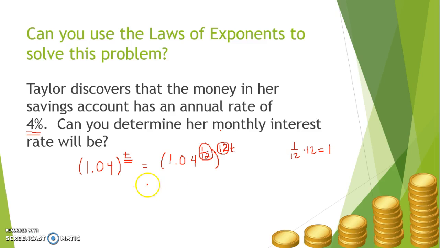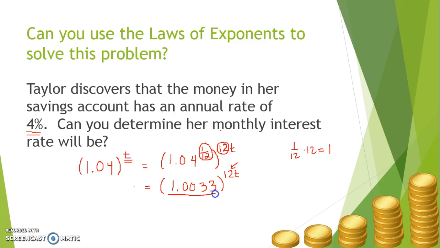Alright, well if you pull out your handy dandy calculator, 1.04 being raised to the 1/12 power is approximately 1.0033. We'll round to that, to the 12t. And again, this will tell us our monthly, 12 for monthly, interest rate.